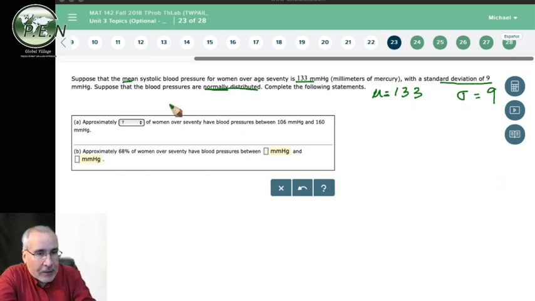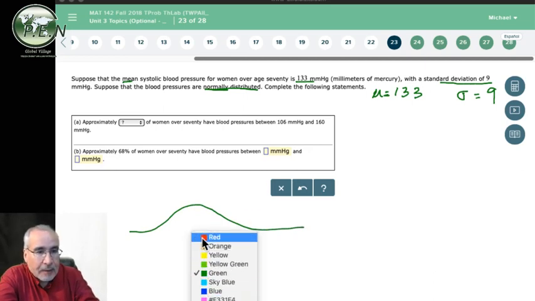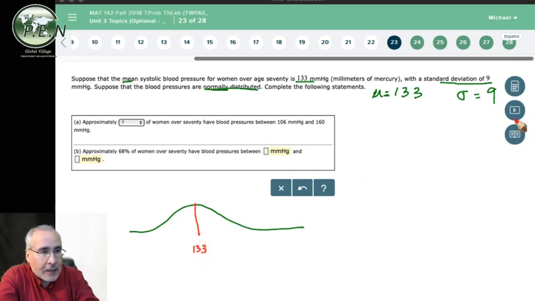And so, basing these questions on it, we're using this fact that when we have a normal curve, the mean is always going to be right here in the middle, so that we know is 133. One standard deviation, we're going to add 9 and subtract 9.